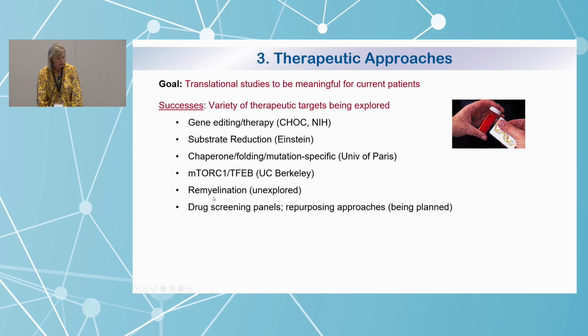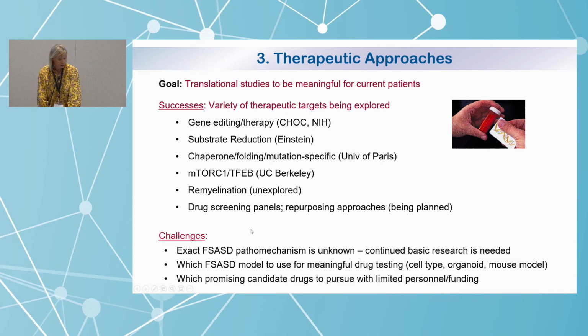We have not focused on remyelination drugs quite yet. We should get into those as well. And as I said, we're planning drug screening panels once we have a validated robust cell assay. Challenges in this is that, as in many other leukodystrophies, the exact pathomechanism remains unknown.